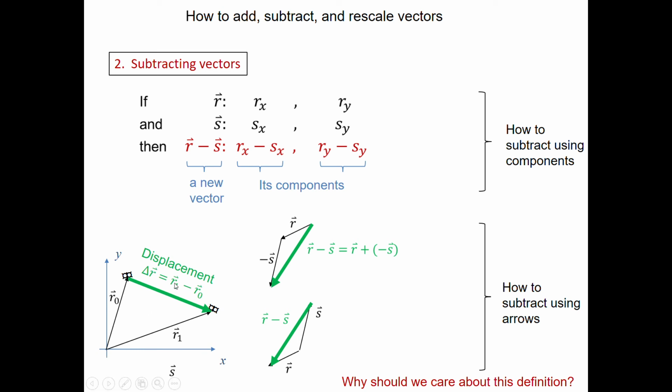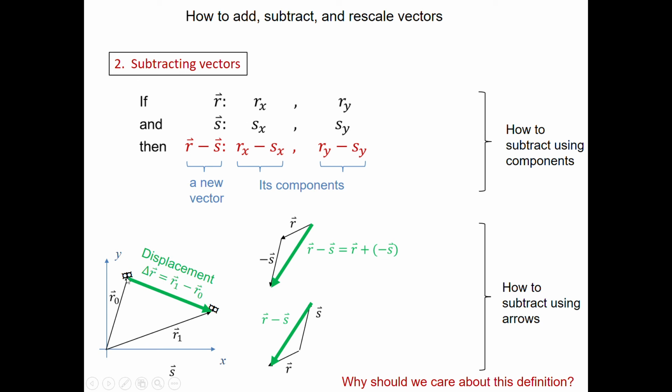And therefore the difference, the displacement vector, is just going to be the final minus the initial, just like delta t is the same thing as t final minus t initial. Delta r is r at the final time minus r at the initial time. And when we subtract two vectors where their tails are located at the same location, we just draw a vector that goes from one tip to the other tip.